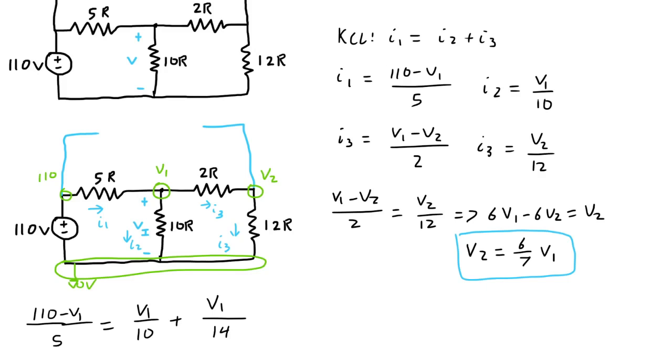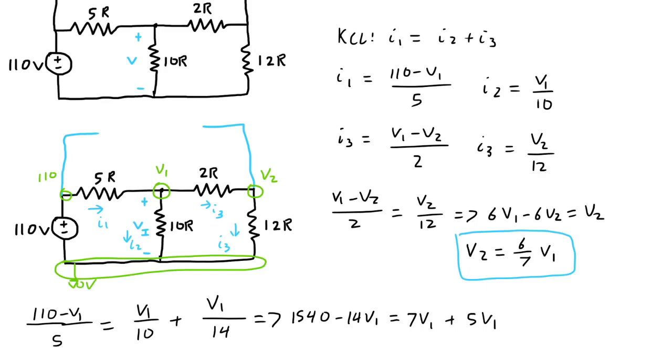Okay, so I'm going to multiply everything by 70 to get rid of the denominators. 14 times 5 is 70. That's going to make this 14 times 110, so 110 times 14 is 1540 minus 14 V1 equals 70 divided by 10, so 7 V1 plus 5 V1.